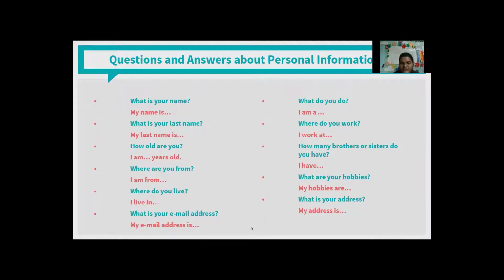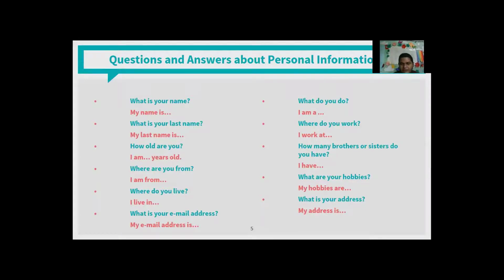How many brothers or sisters do you have? I have two sisters and two brothers. Or another answer could be, I don't have any brother or sister. What are your hobbies? My hobbies are watching videos, playing video games, reading.